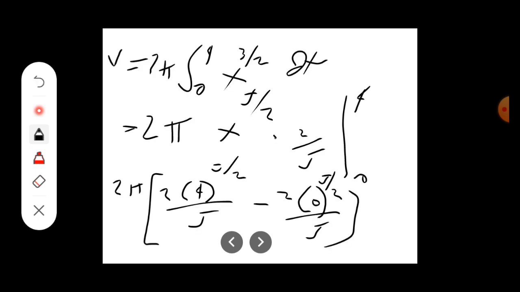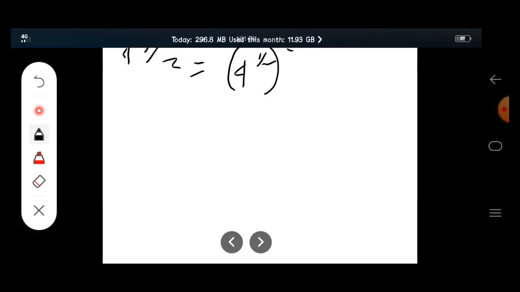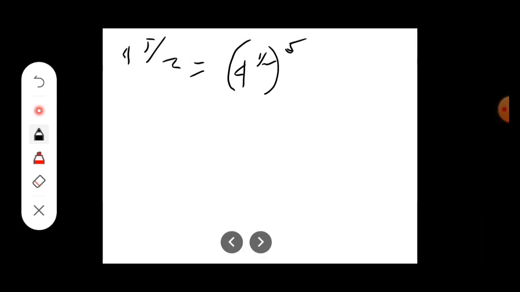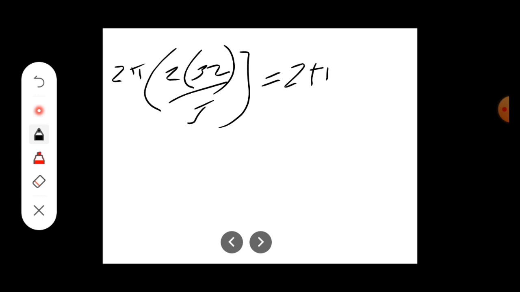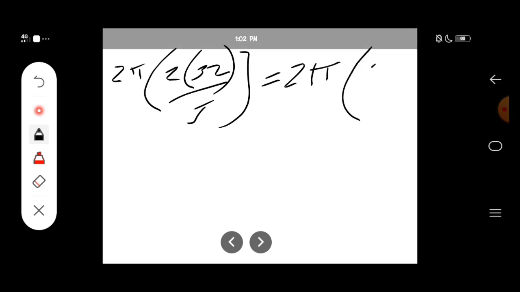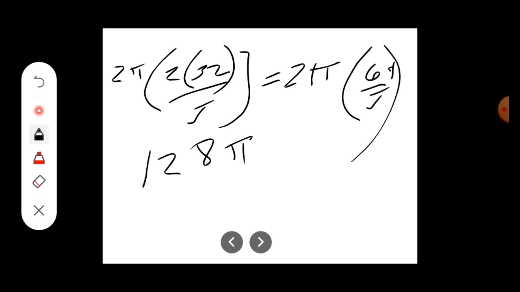So 4 raised to 5 halves, that would be 2 raised to 5, so 32. So we have 2 pi times 2 times 32 all over 5, which is equal to 2 pi times 64 over 5. So the final answer would be 128 pi over 5.